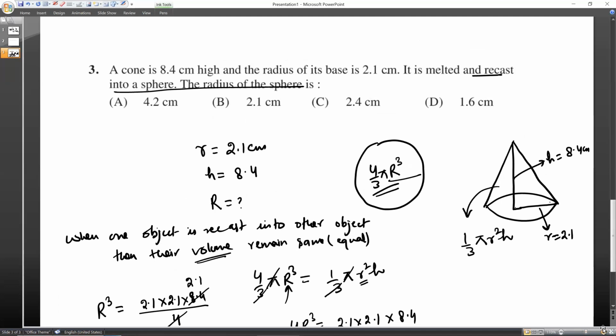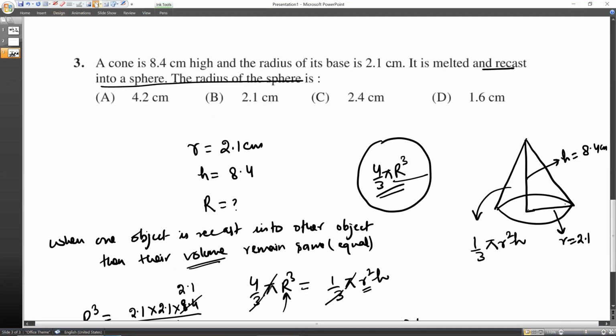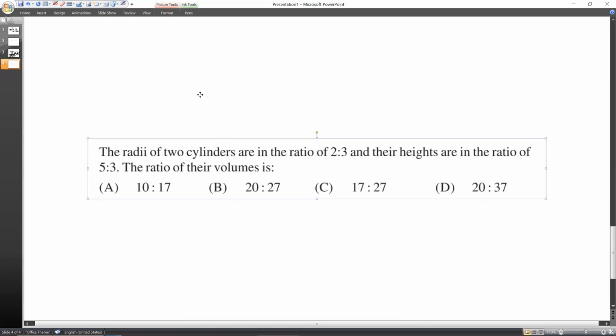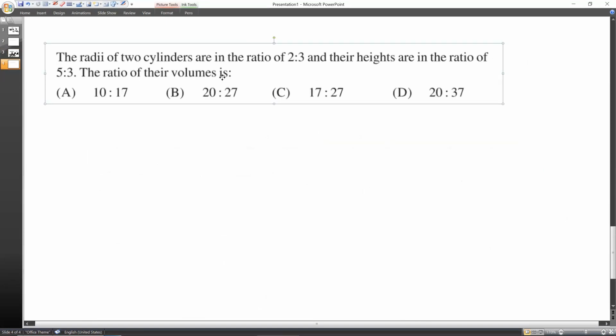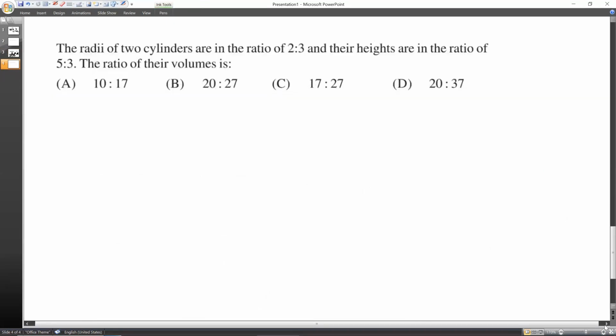Next question. Two cylinders are in ratio. First of all, let me explain to you, write down the formula for the cylinders. The cylinder is like this. It has some radius.